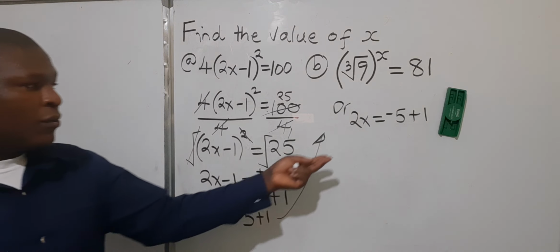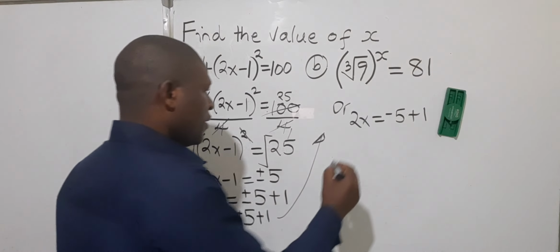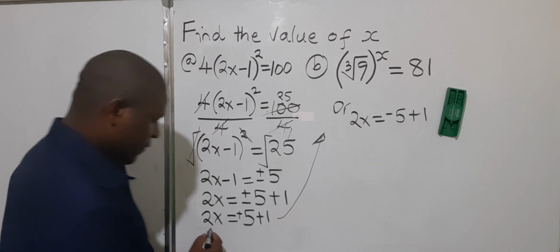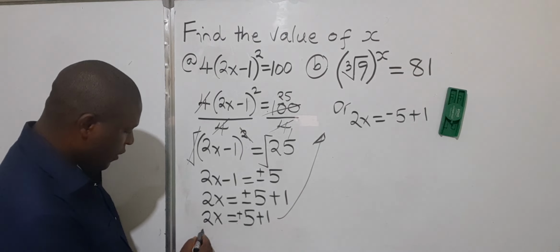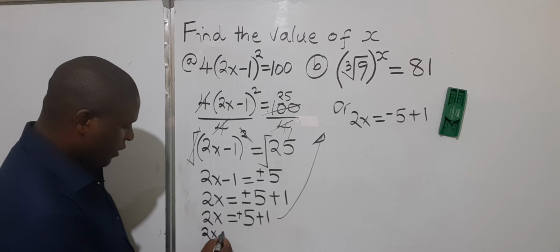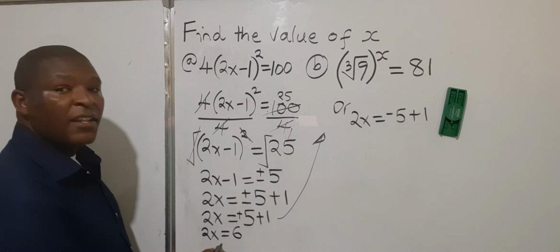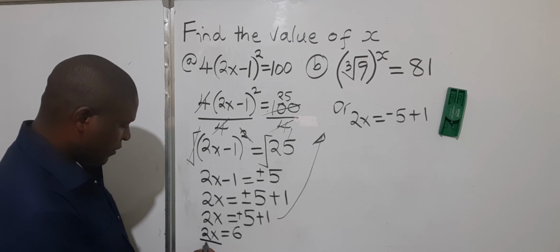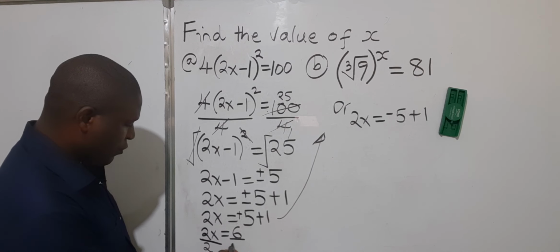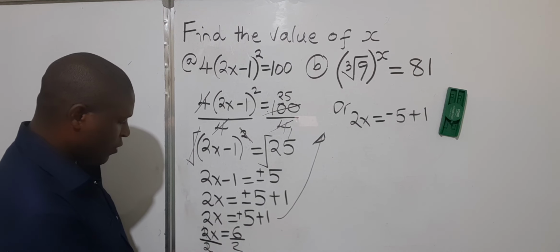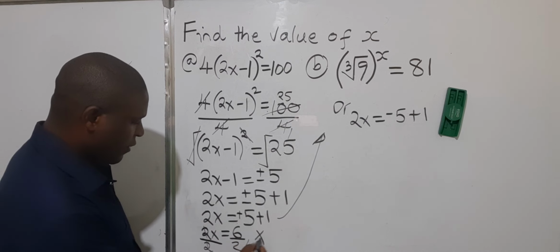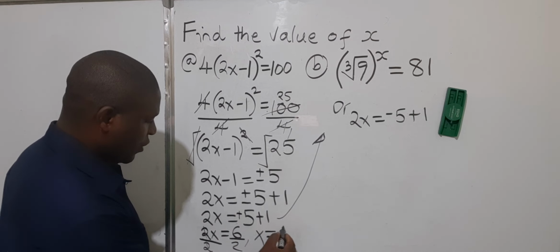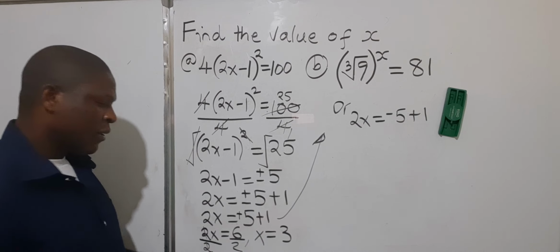We have these two. So the first one here, let me just finish it here. The first one is going to be 2x equals to this and that, you get 6. Divide both sides by 2. 2 and the 2 cancel. It means for the first one, the value of x is going to be 3.